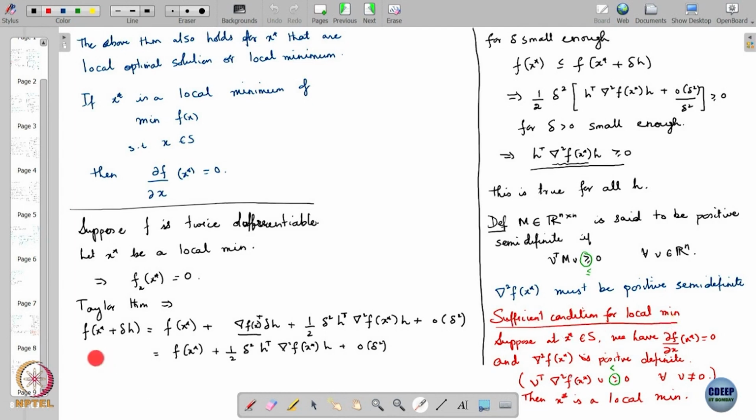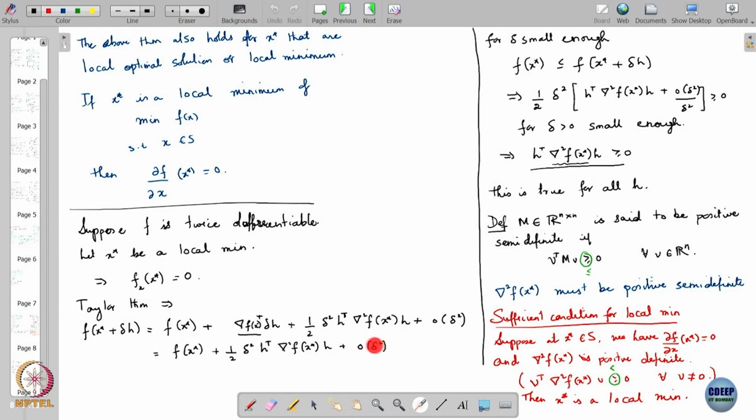Remember, by Taylor's theorem, we had argued in this equation here, f of x star plus delta h, where delta is some small positive quantity and h is a direction in R n. So, f of x star plus delta h can be written in this form: f of x star plus half delta square h transpose the Hessian of f at x star h, plus something that is small o of delta square.